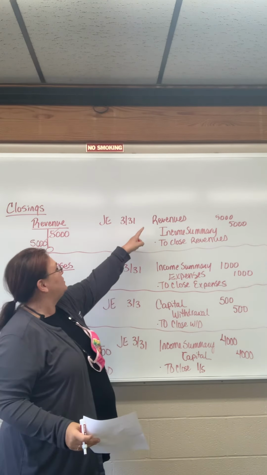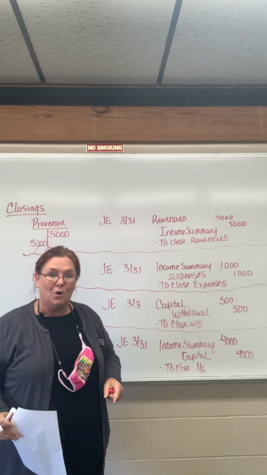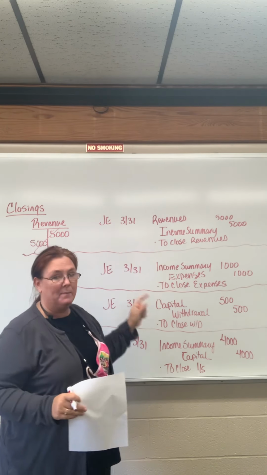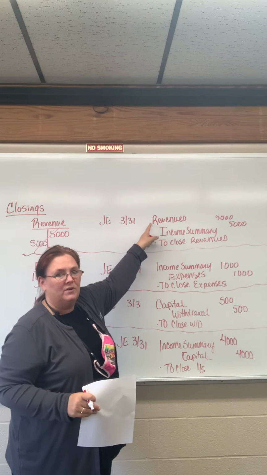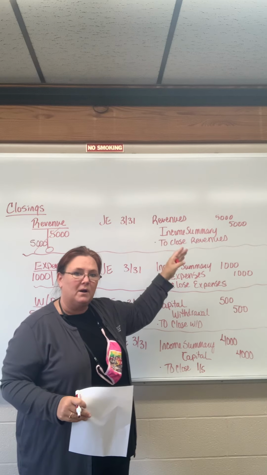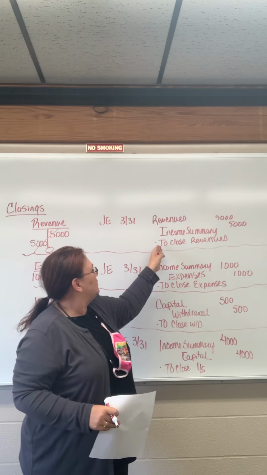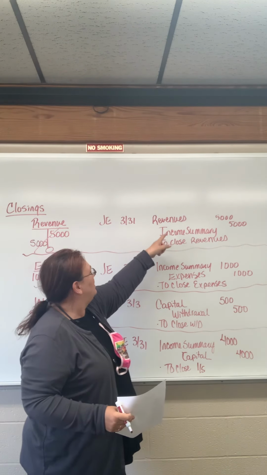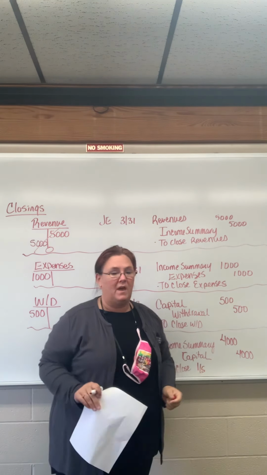So our journal entry is the date, and the date for closing entries is always at the month end. In this case we were talking about March, so we do March 31st and we debit revenues to close it out. The other part of that journal entry is income summary, for the amount of 5,000. Then we put "to close revenues." So we have a proper journal entry: a date, one debit, one credit, a reason why, and our debits and credits match. End of that journal entry.